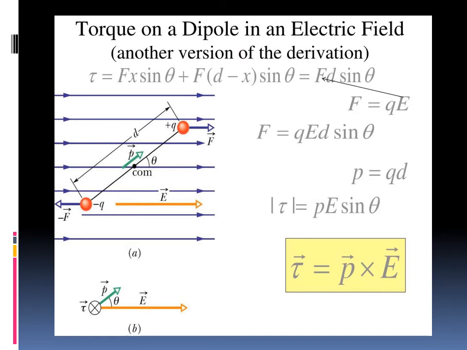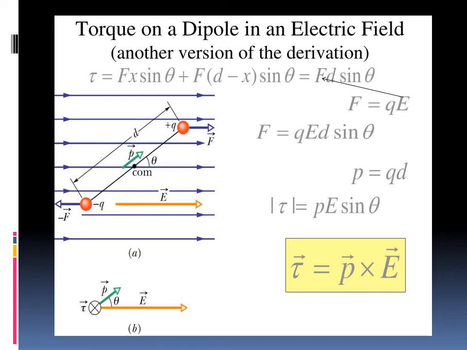Okay students, here we have an elaborated figure for the dipole that is showing all the aspects of torque and the electric field that we have also discussed earlier. Here I want to tell you another way to derive the torque from the dipole moment and the electric field E, right? So torque is F x sine of theta.